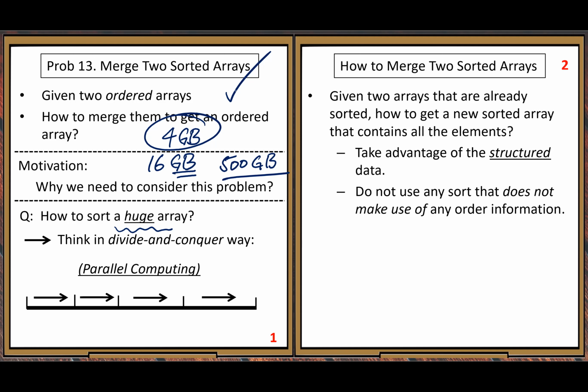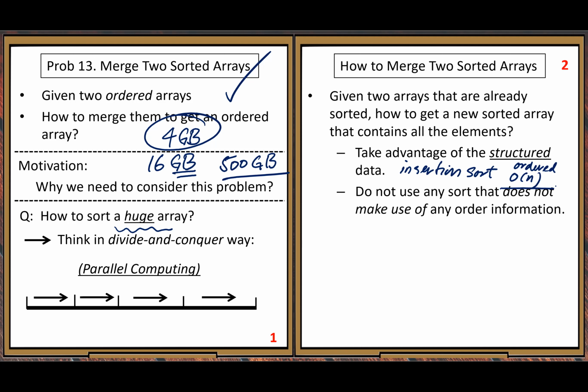Here, when we look at the insertion sort, do we take advantage of the order information in the insertion sort? If we recall, if the data is already in ascending order, then the efficiency is big O of n.